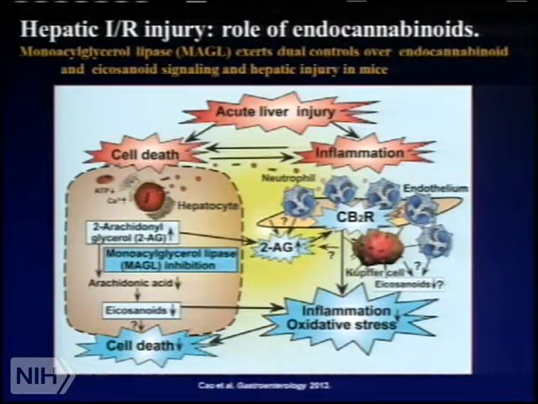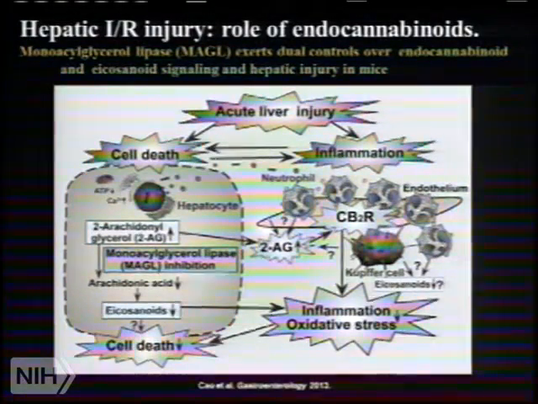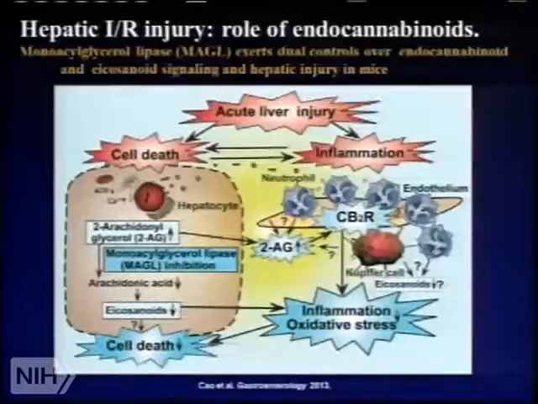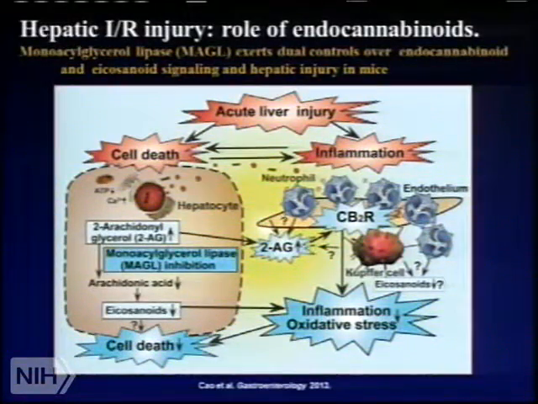So if, following liver transplantation, you limit the ischemic injury by this approach of COX-2 inhibitors, this is acceptable. But if you want to use them very chronically, in chronic liver disease, this may be problematic because prostaglandins play a very important role in tissue regeneration, and the liver regenerates very fast.